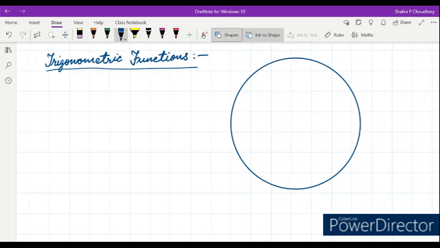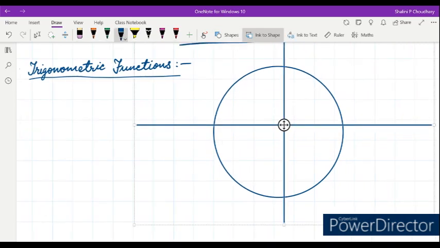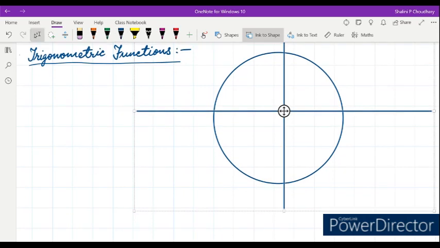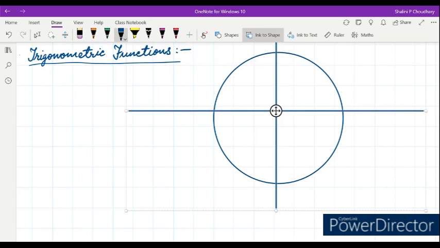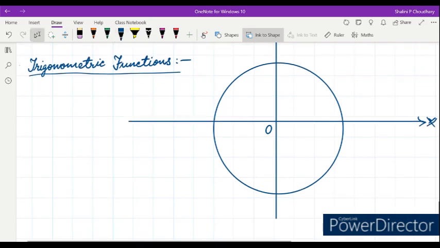Okay, and if this one is a circle and this is the center, this is the x-axis, this one is the y-axis, this will be x dash, this will be y dash.